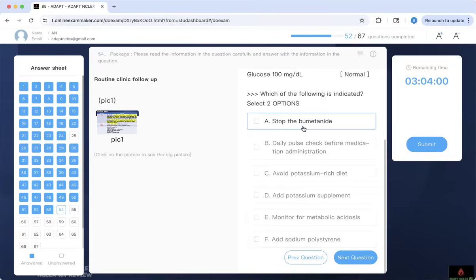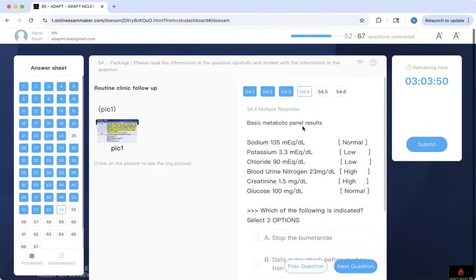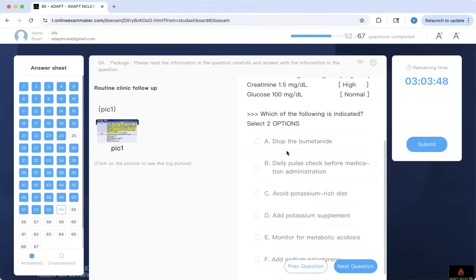Daily pulse check before administration, right? Do you want to do that? Well, we want to do that. Which option is indicated? We would like to do that because of the digoxin. Avoid potassium-rich diet.